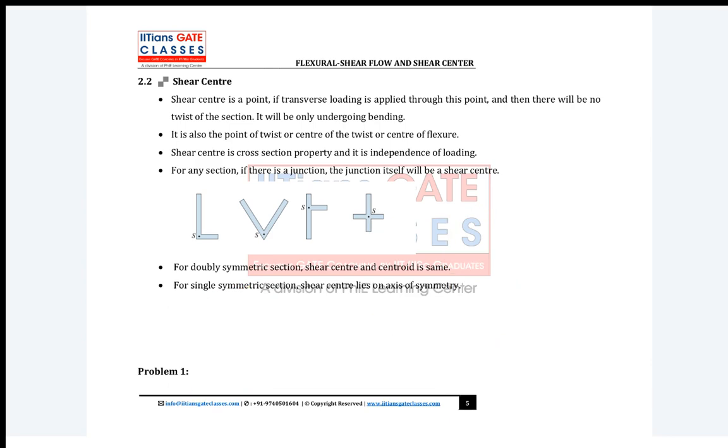Okay. Now guys, next, this shear center is also the center of twist, or you can say the point of twist, or center of flexure. So if you apply a twisting moment, the point which will not have any kind of movement if you apply twist alone, that point is what?